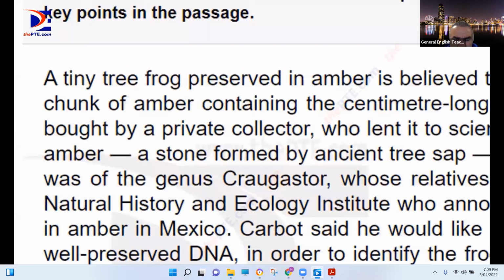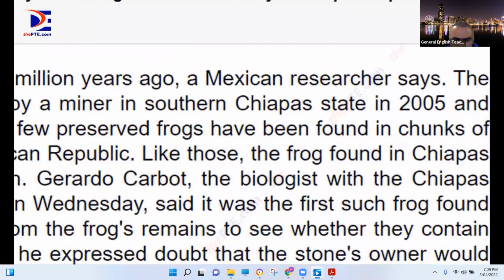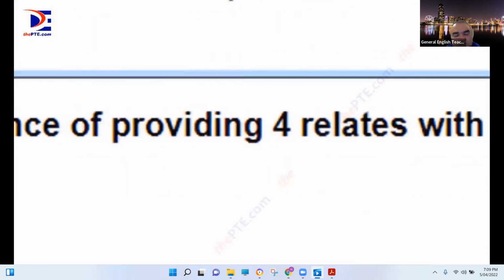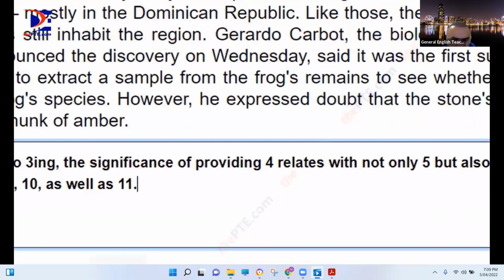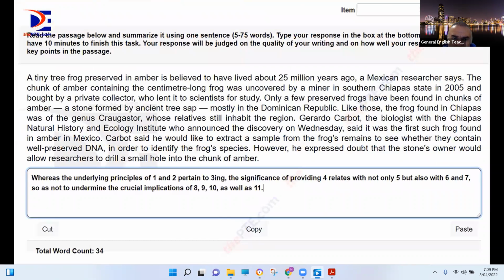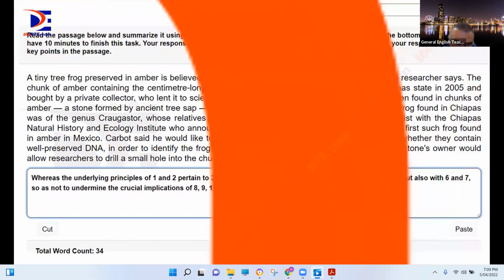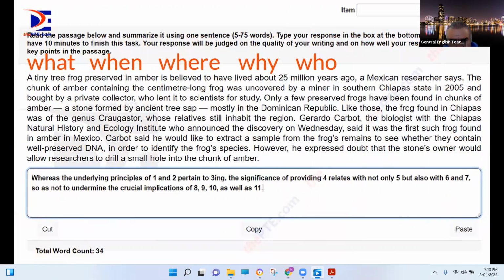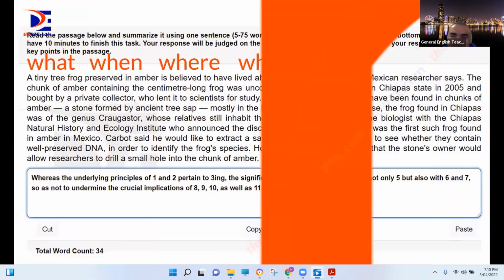Read the passage and try to find out the main idea of the text. Then try to fill in the blanks with the most important content words. You can find content words that are the answer to the following WH questions: what, when, where, why, who, and how many.